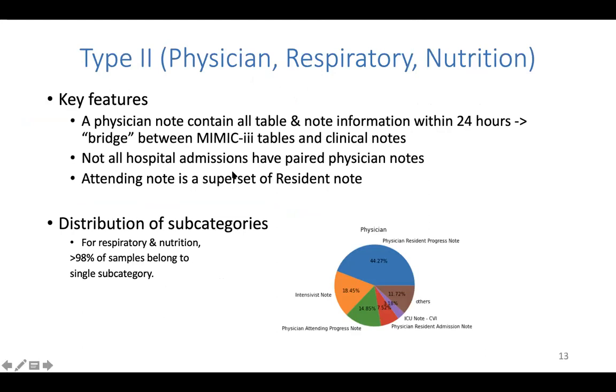Not all hospital admissions have physician notes, because if your condition is not very severe, the doctors might not say much about your status. So a physician note won't be generated for simple cases. There are different subcategories of physician notes, like intensivist notes, physician attending progress notes, and resident notes. Resident notes are generated by residents.